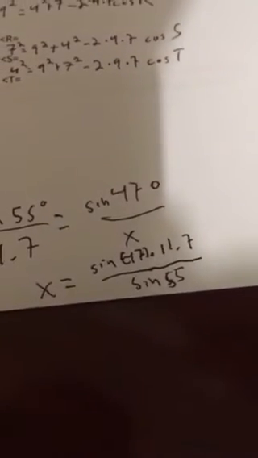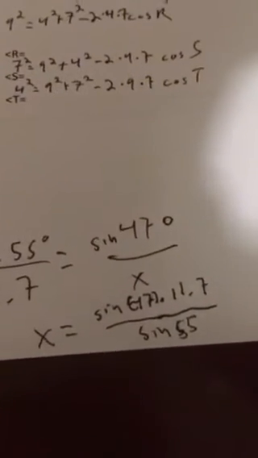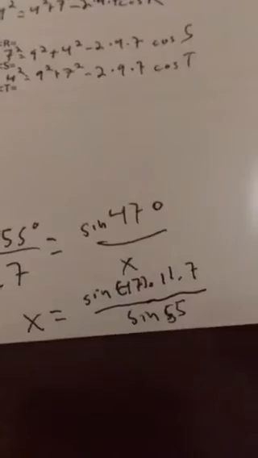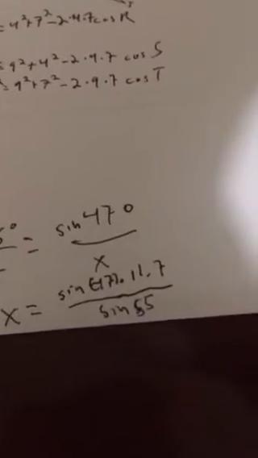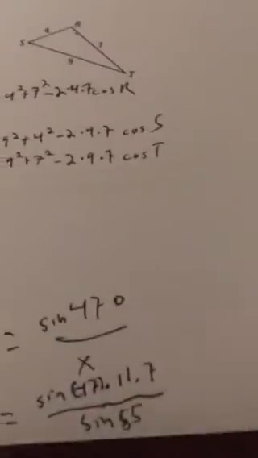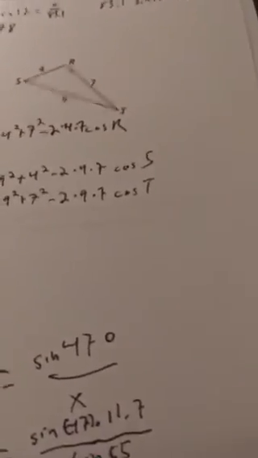And then sine is what we want to do on the calculator. So I'm going to go sine of 47 times 11.7 divided by sine of 55, and then hit enter on my calculator. My calculator came out to 10.44.